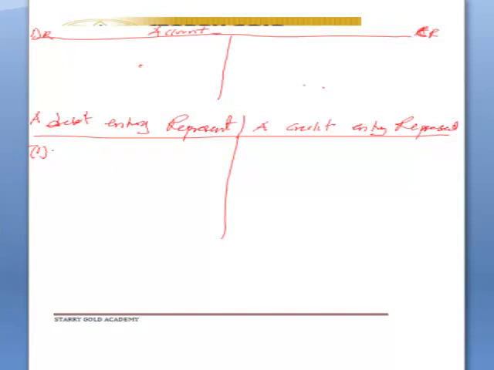A debit entry indicates, one, an increase in the value of assets. A credit entry to an asset means a decrease in the value of assets.